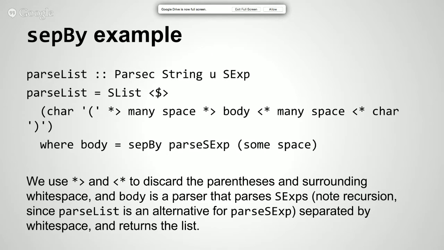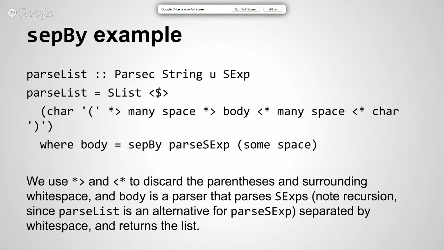So an example of sepBy that we actually use is when we're parsing a list of S expressions. We're fmapping the SList constructor across this relatively big parser, which parses a left paren, then the right biased app says we're throwing away that character because we're not using it in our return.